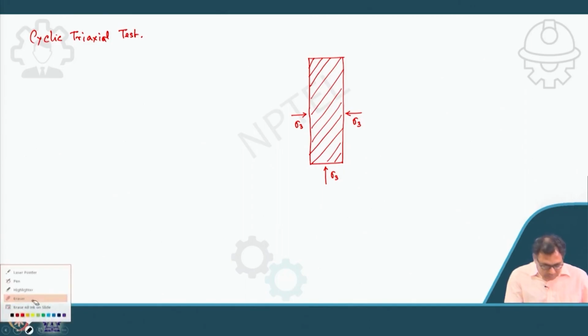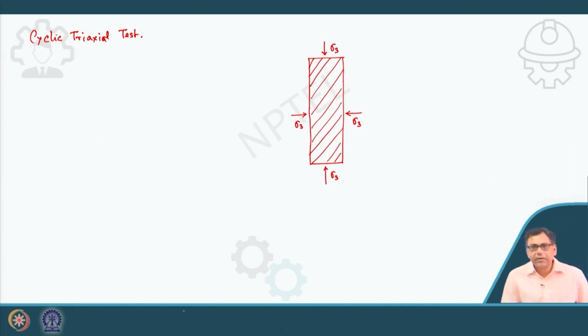So sigma 3 is applied during the consolidation, that is sigma 3 or sigma 3C. And a deviatoric stress will be applied, that is sigma D, the deviatoric stress, which is equal to sigma 1 minus sigma 3.